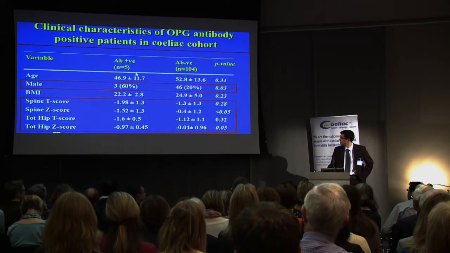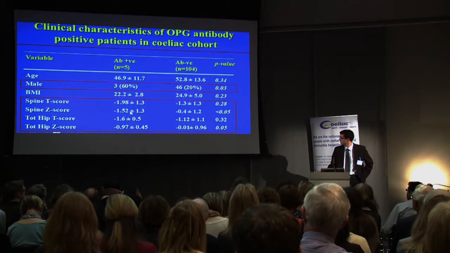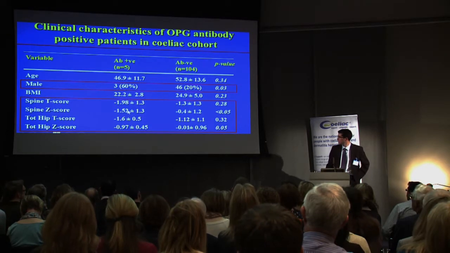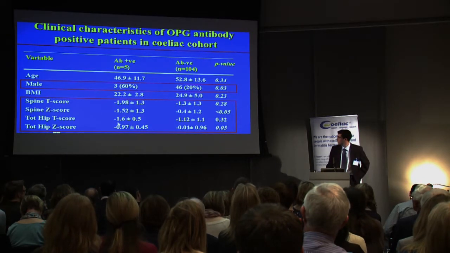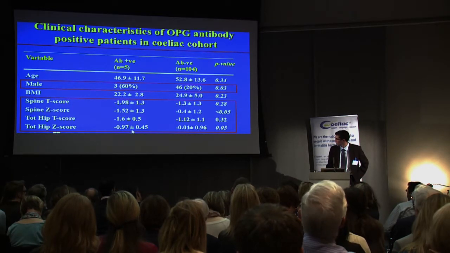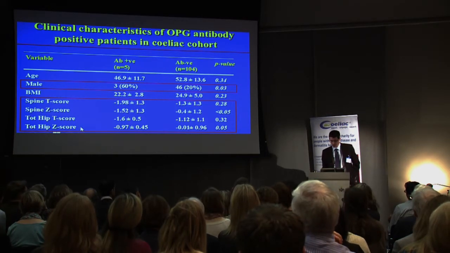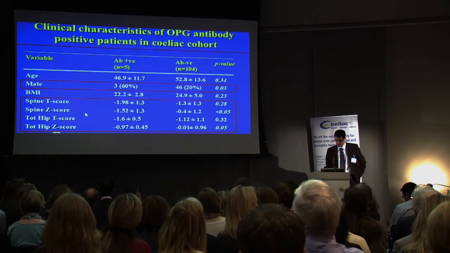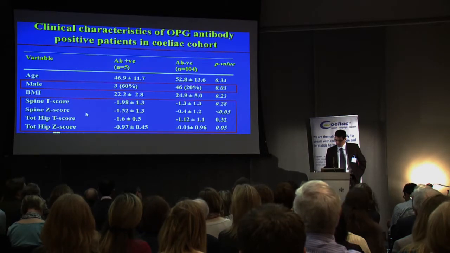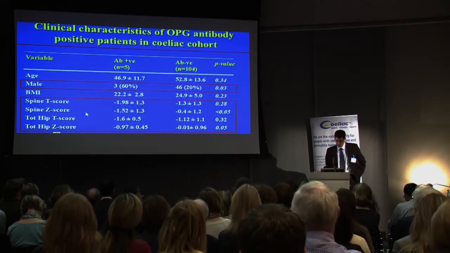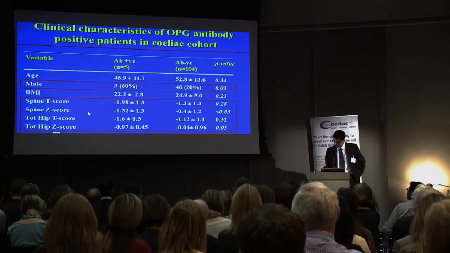The Z-score, when we strip out this effect of age, is significantly lower in the antibody-positive cohort, with just 5 patients. T-score is lower, a trend but not significant; Z-score is lower at a cutoff of 0.05 p-value. So those are our data.